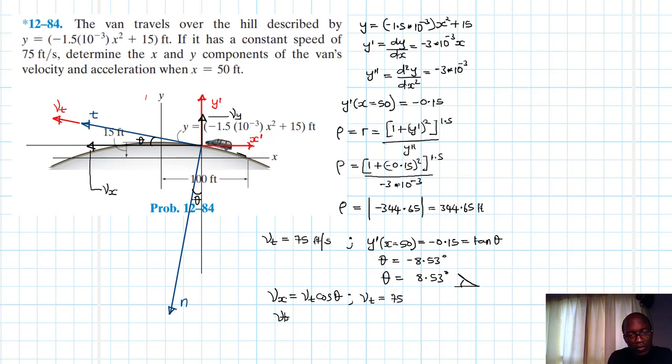So if we are to compute that, our Vx, we plug in theta, and we get 75 cos 8.53. Okay, and this gives us 74.17 feet per second.